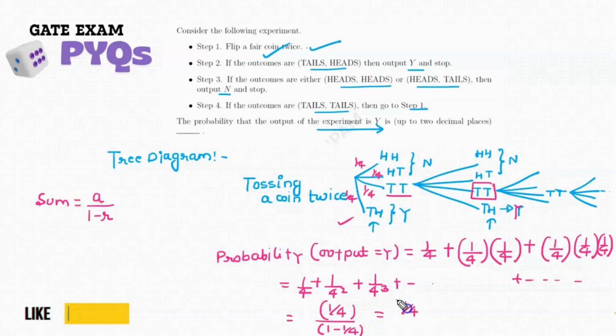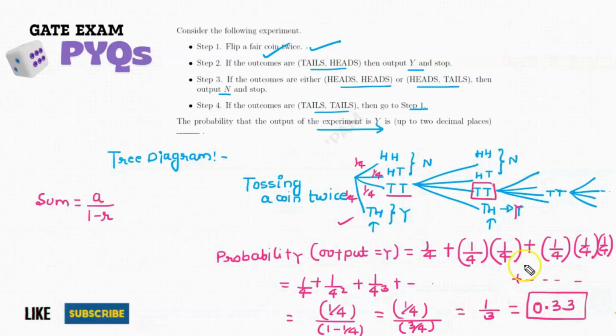So this is 1 over 4 divided by, sorry, 1 minus 1 over 4, which is 3 over 4, not 4 over 3. Simplifying, we get 1 over 3, which gives the answer as 0.33. So this is the required probability that the output will be Y. This was just based on geometric series.